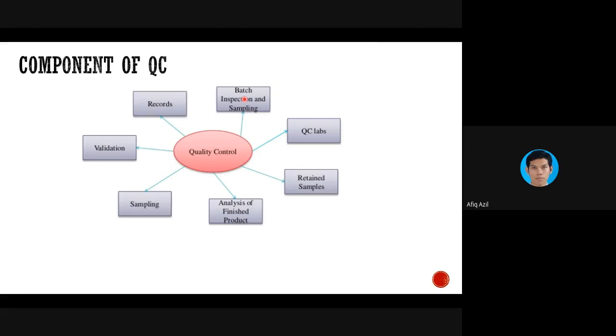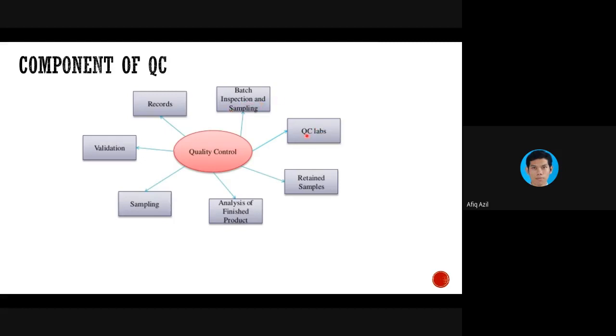Normally that is how sampling is done, to make sure that it represents the whole batch. Because if you take from the top, the tablets on the top are the ones towards the end of the production. The one at the bottom is the first tablet to be produced. So this has to be done properly.